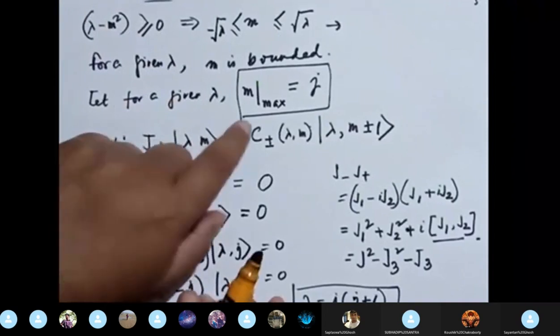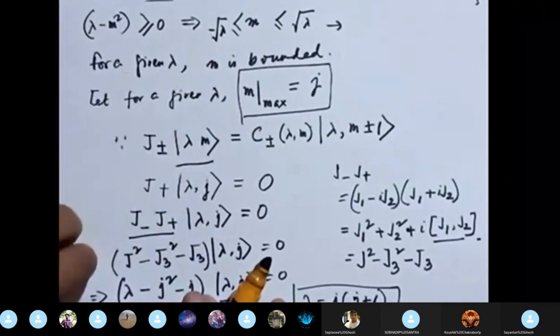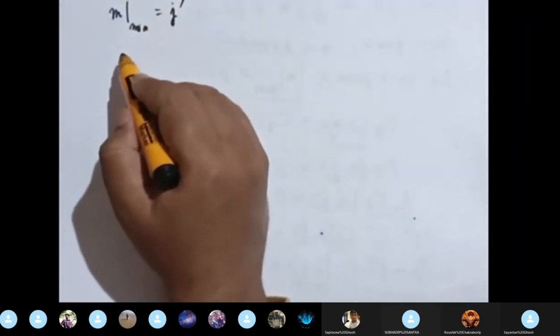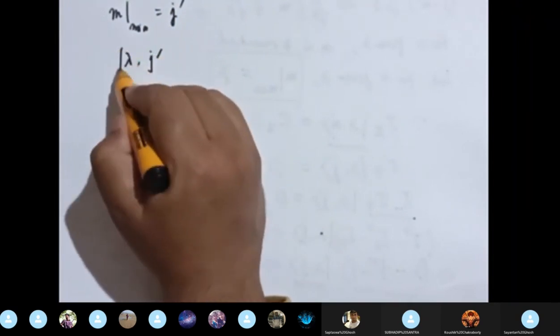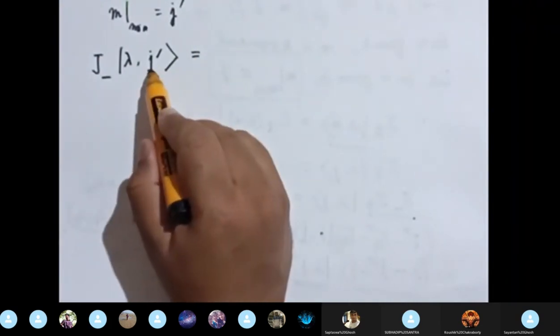Similarly, you can see since m is bounded, m will also have a minimum value. Therefore, let's choose the minimum value of m as j prime. If it is j prime, now you know this lambda, j prime is a minimum value. So J minus operating on this, what will it do? It will lower this value, but this is the minimum value, there is nothing, so this thing will be 0.